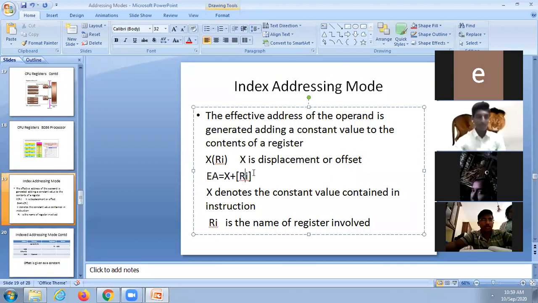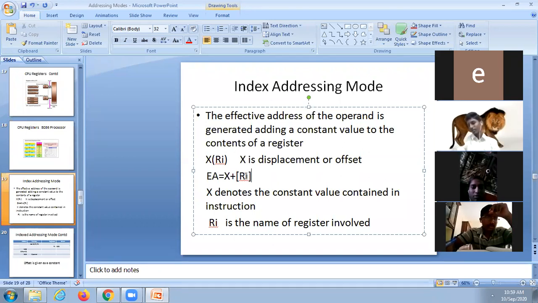Wherever you find the parenthesis or square bracket, it means that it contains the address, not the data. That is the meaning of that. Is that clear?